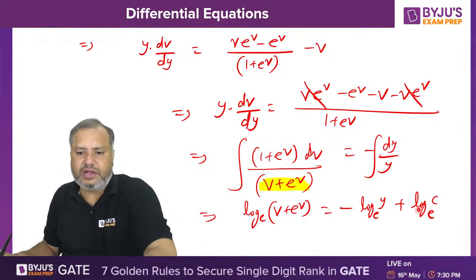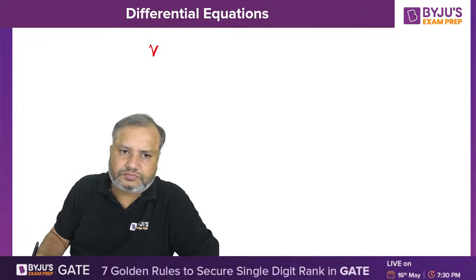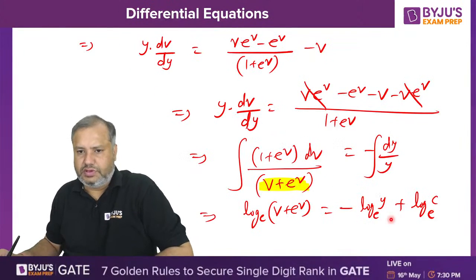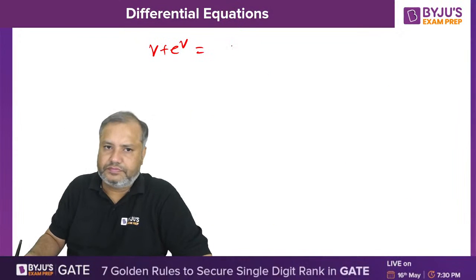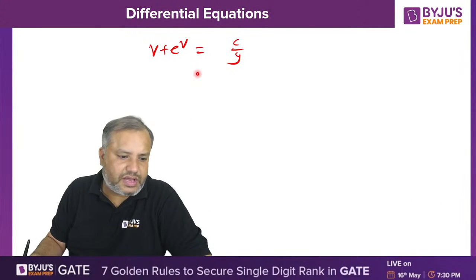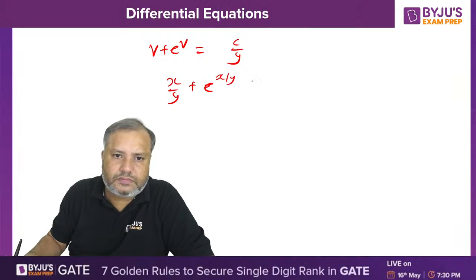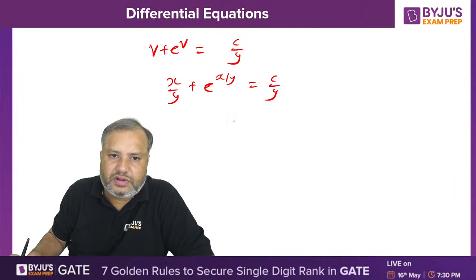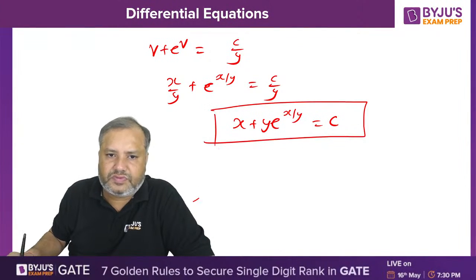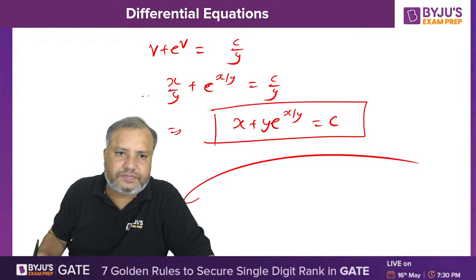So if you take anti-log, you will get v plus e raised to v equal to c by y. Correct? What is v? v is x by y. So x plus y e raised to x by y equal to c. This is the answer. This is the required solution.